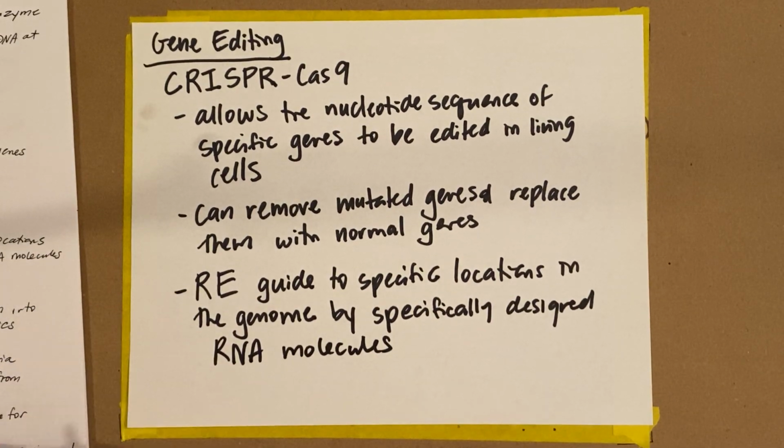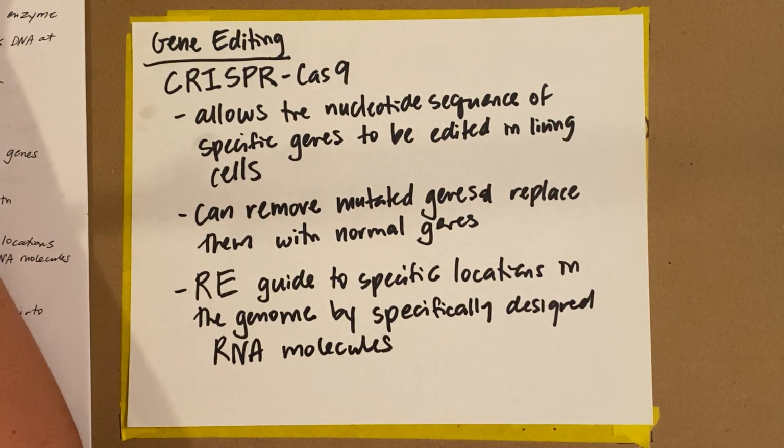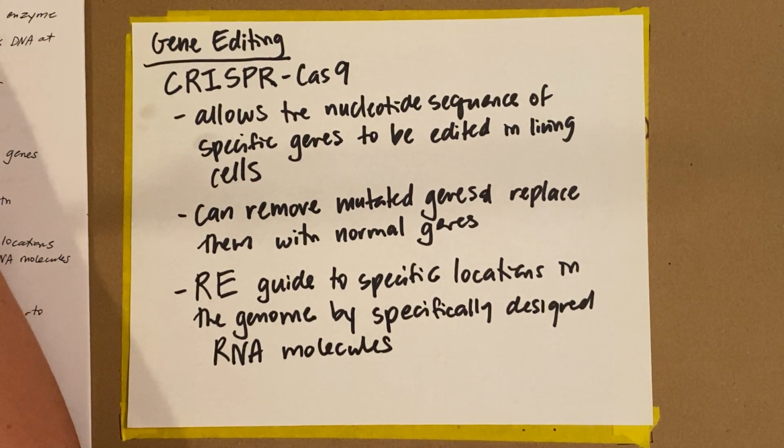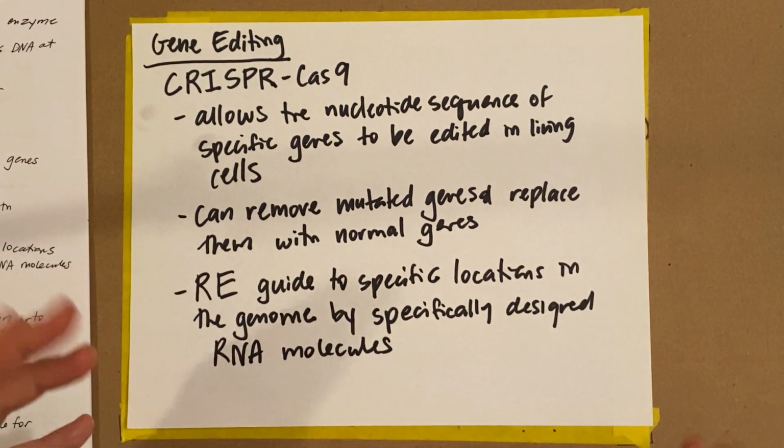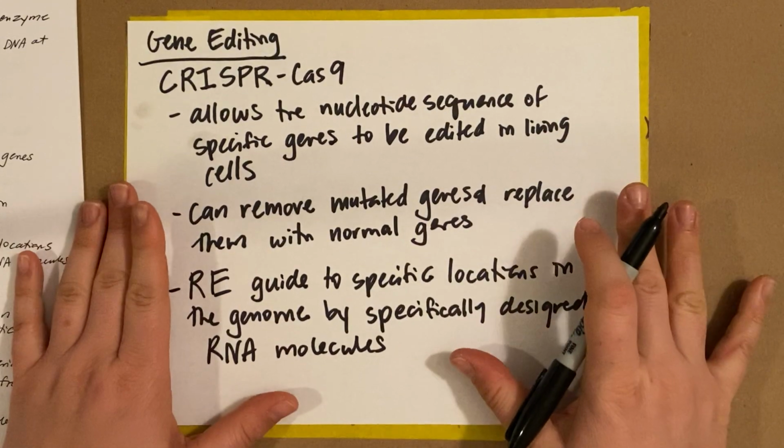These molecules move through, and whatever sequence they match up with, they bind to, and are able to cut and make that change. This is about all I want you to know about CRISPR.